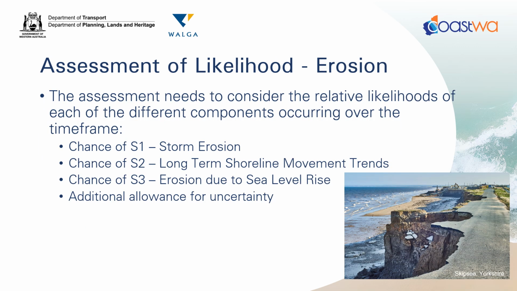So if we look at what actually has to happen in an erosion sense to inform our scale of likelihood, we need to consider the chance of the S1, the storm erosion event, occurring within our planning horizon. We need to consider the chance of the S2 occurring within our planning horizon.